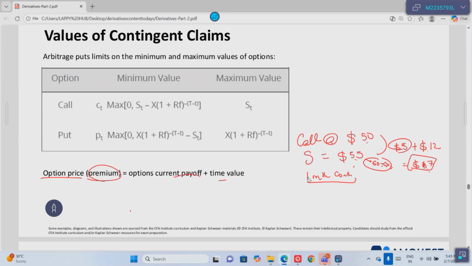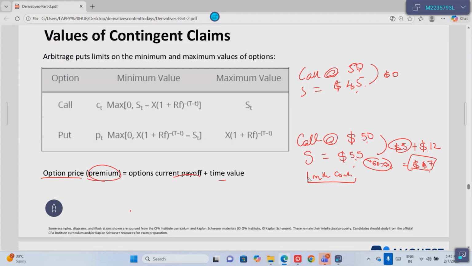Let's see another example. Let's say I took a call at 50, but the market price is only 45. Now you tell me, useless it is, right? Why would you buy it at 50 whereas market price is 45? So can I conclude that your payoff will be 0? Because I'll earn nothing from buying at 50, I'll buy at 45.